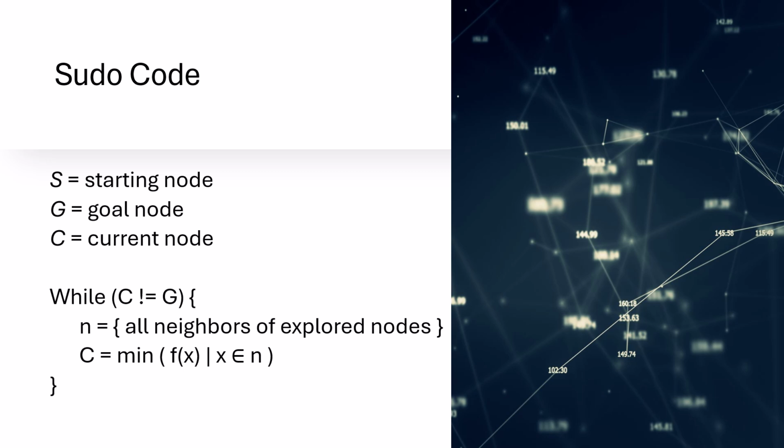And every time we traverse, we're going to make a new list of all of the neighboring nodes of the explored nodes. And then we're going to compare all of the neighboring nodes, all of their weights, and whichever one has the lowest weight is where we're going to jump to next.